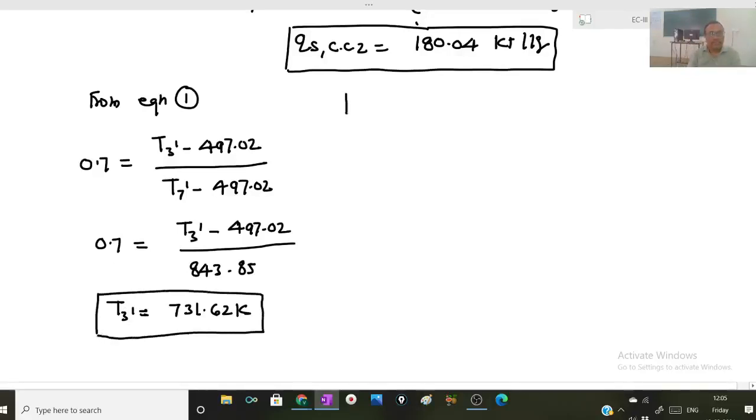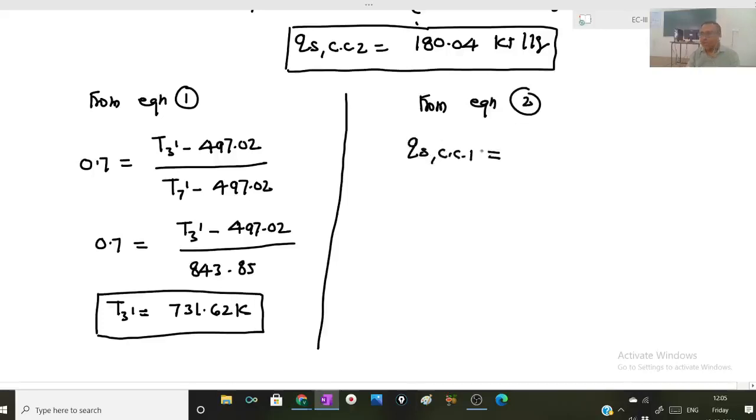Similarly, from equation 2, that is the heat supplied in combustion chamber 1, this is 1.005 times (1023 minus T3 dash).